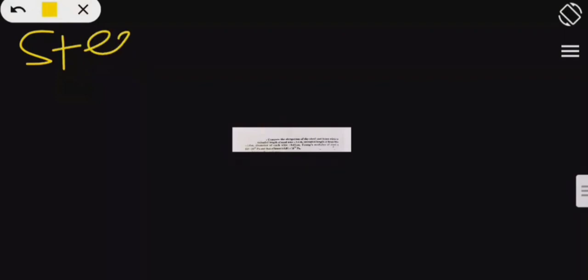Now let us write down the data first. L1 means for the steel wire. This calculation is for steel, so give the heading steel. L1, the length, is given as 1.5 meter, as you can see in the diagram.